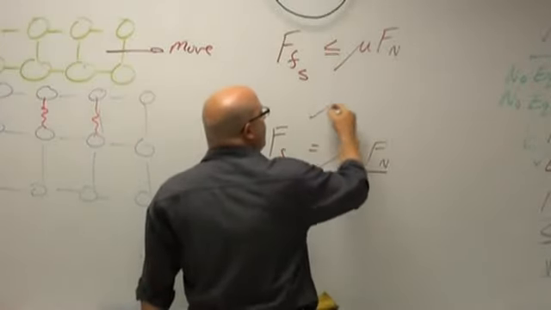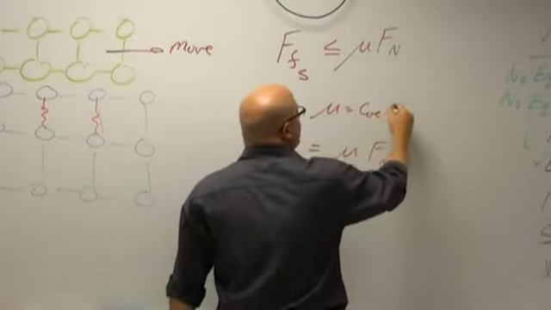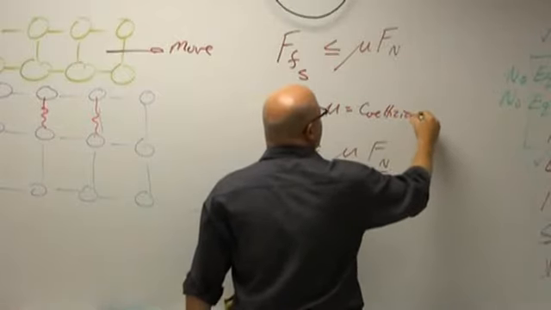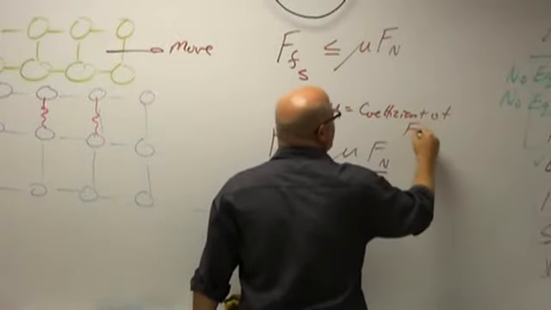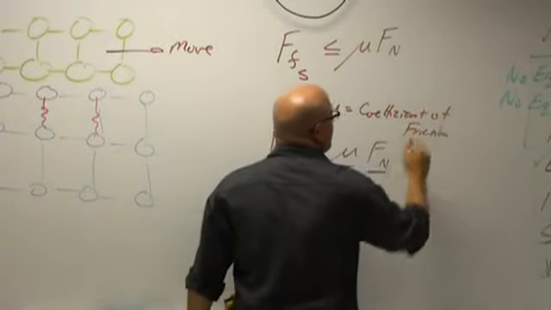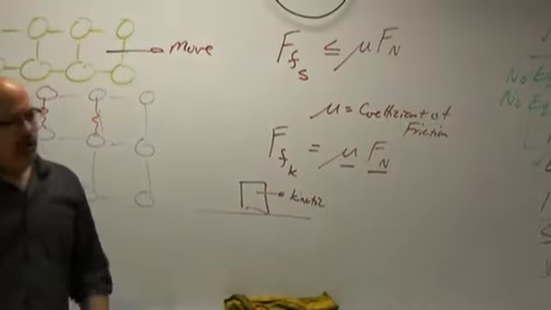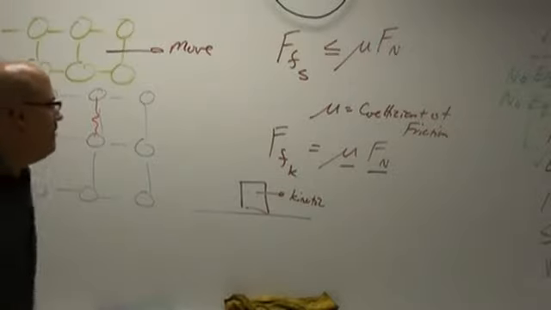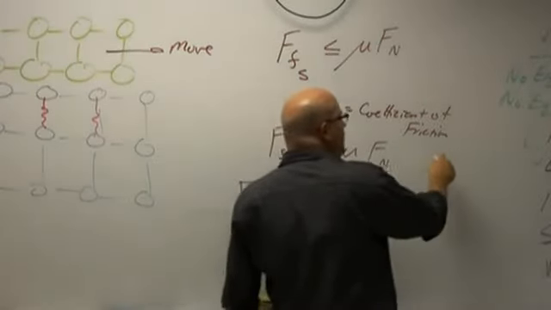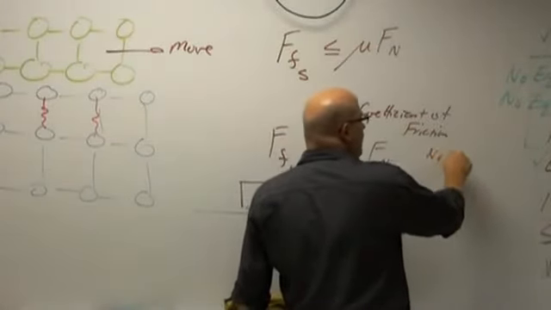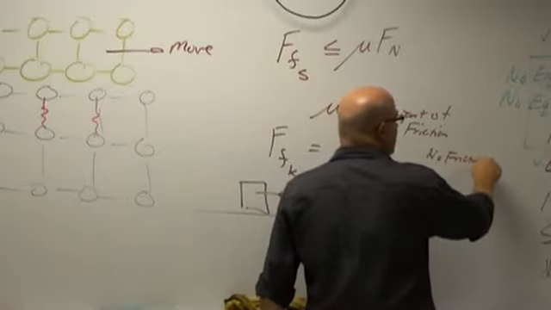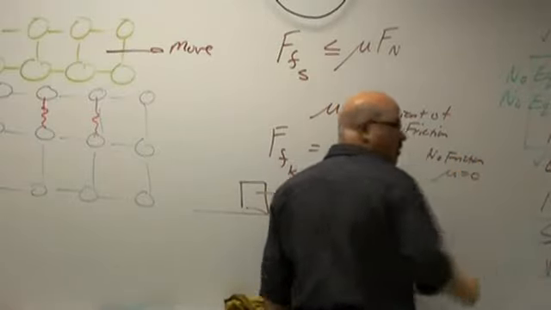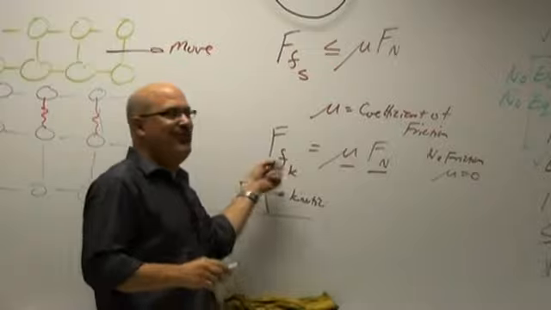All right, mu equals coefficient of friction. Are we ever going to have to memorize these? No, we'll give them to you. As long as you know that if it's frictionless, no friction, the coefficient of friction equals 0, right? Because then you get 0 friction.